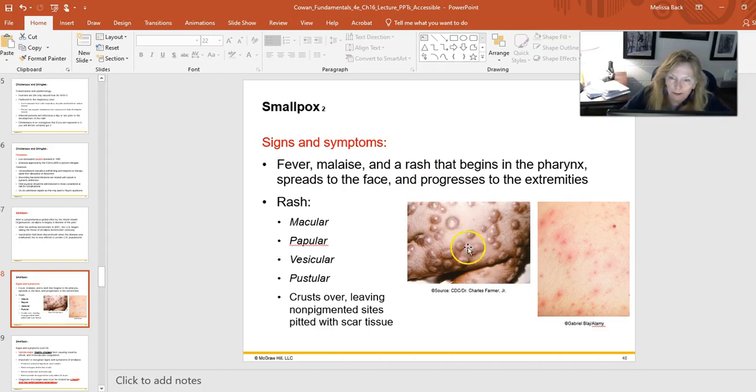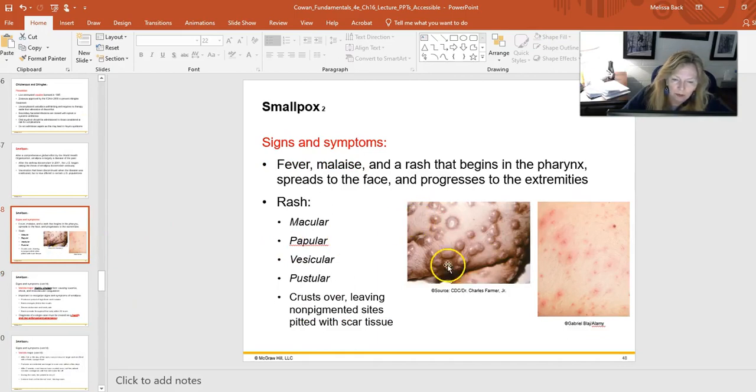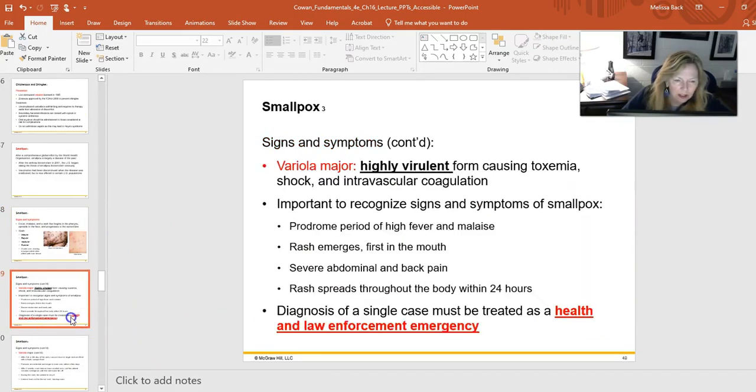Even if you survive the initial smallpox infection, the scarring would be horrific, actually. You can see a picture of what someone looked like. The last known human case was 1977, so it has been eradicated.